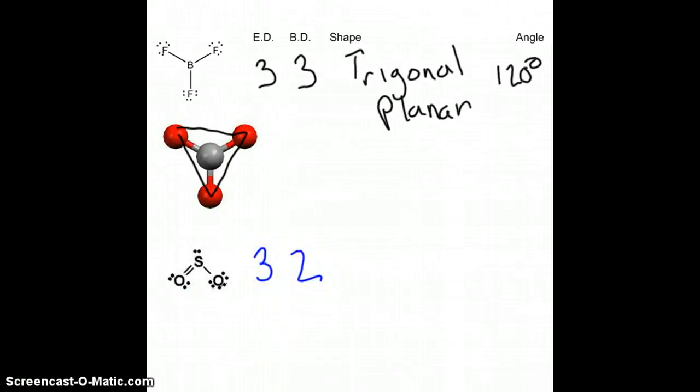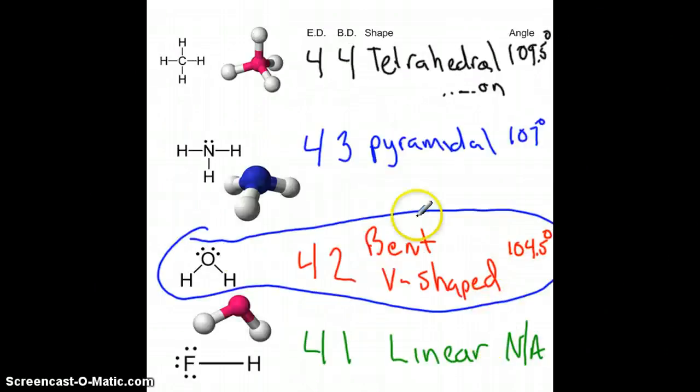So now what's the difference? Well, this looks like this. And again, keep in mind that you do have two electrons that are repelling here so that this shape will look like a bent molecule. So what makes this bent different from this bent here? Well, it's the bond angle.